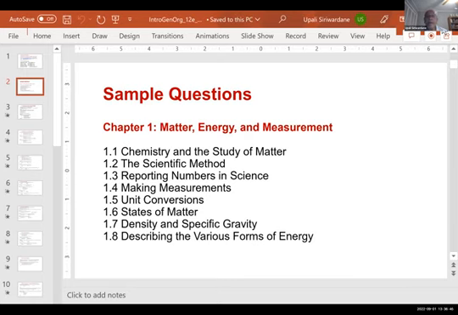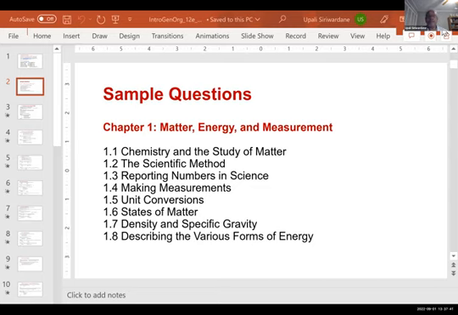Can you see sample questions for chapter 1, matter, energy, and measurements? We can hear you and we can see you. Okay, I need some feedback, because I'm not going to start until I establish that you can see what I'm showing and you can hear me, all right?